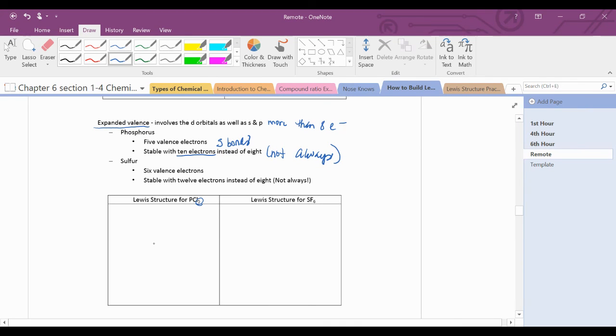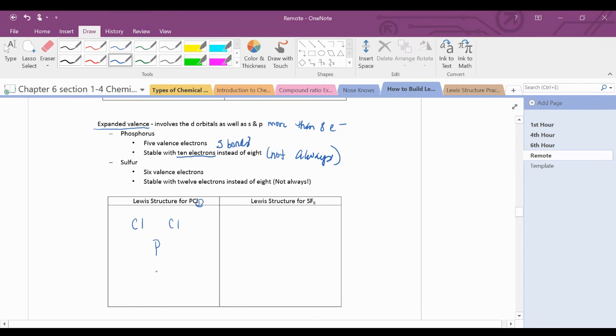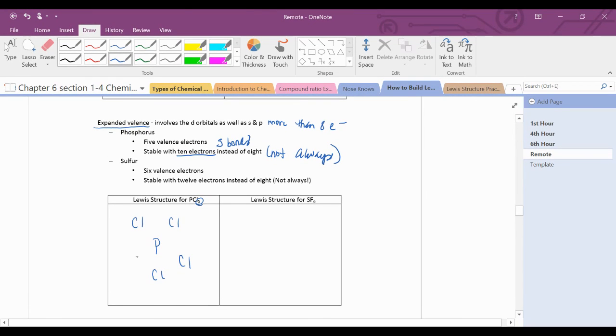So since there's only 1 phosphorus, we make that the central atom. And we're going to put 5 chlorines surrounding it. And again, we can use dashes to represent my 5 bonds, or you can use dots.